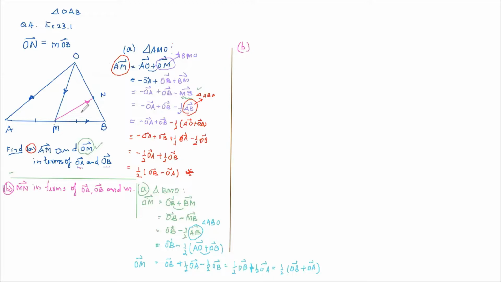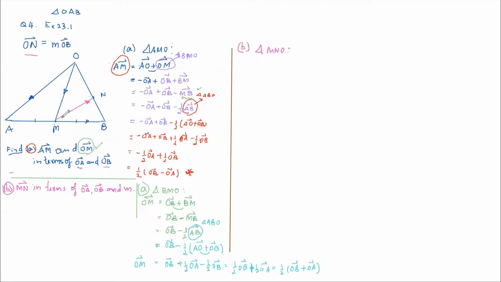For MN, what triangle can we use? We can use many: MNB, MON, MNO. I will use MNO because I have some data, you see I have ON here. So I'm going to use triangle MNO.